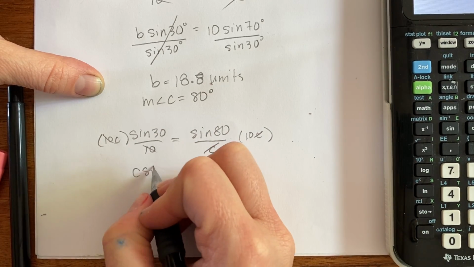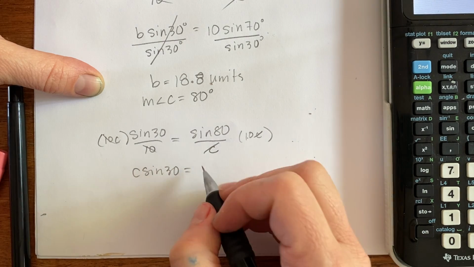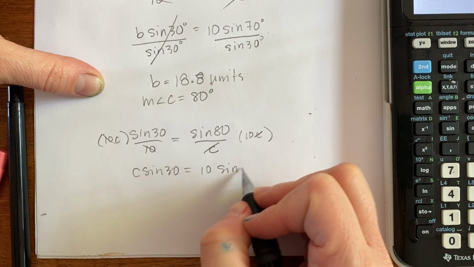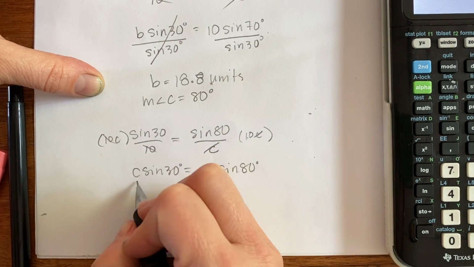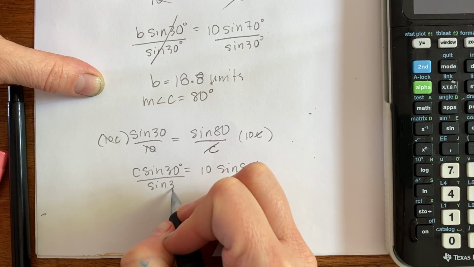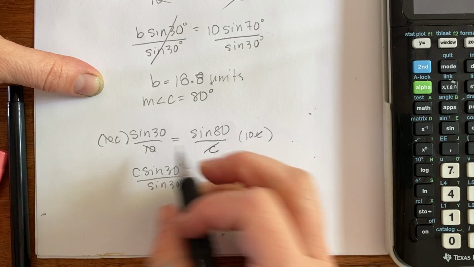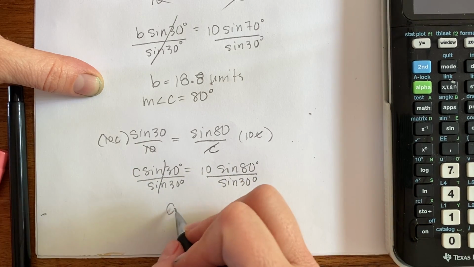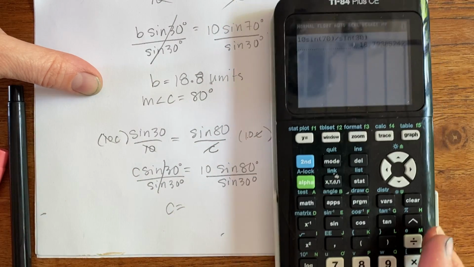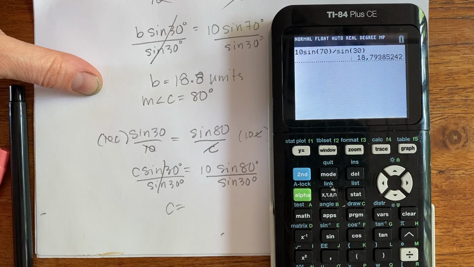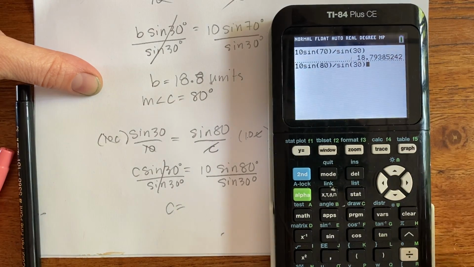We get C times the sine of 30 equals 10 times the sine of 80. Divide both sides by the sine of 30. That cancels, we get C equals, and now I go to my calculator and I type 10 sine 80 divided by sine 30. You can see there's some similarities there.